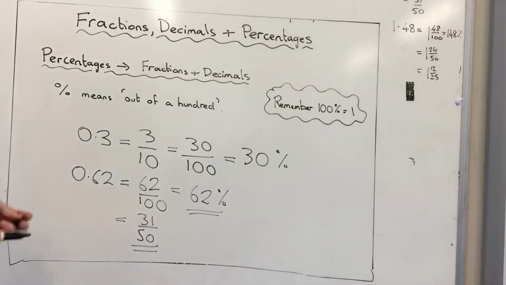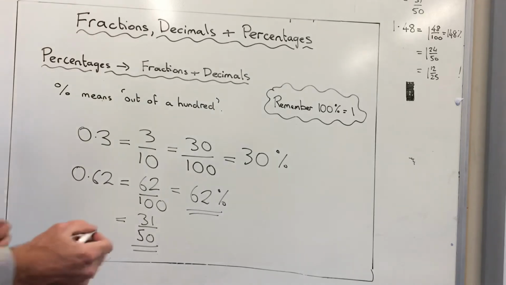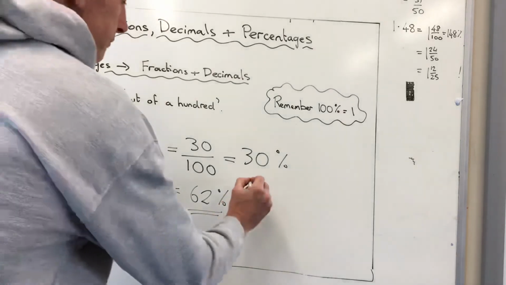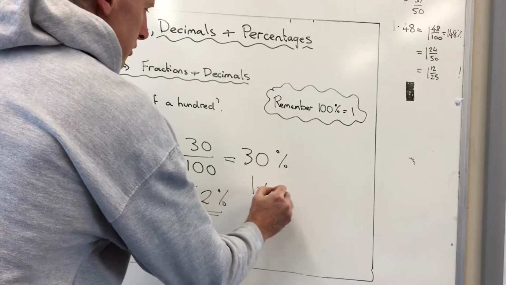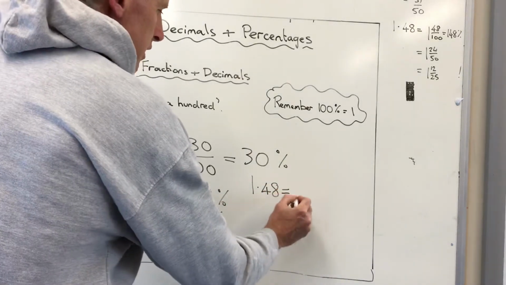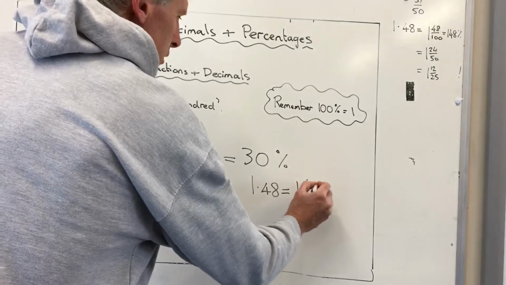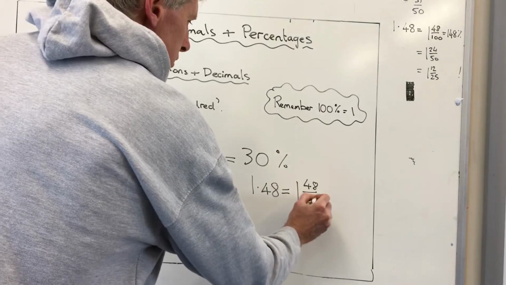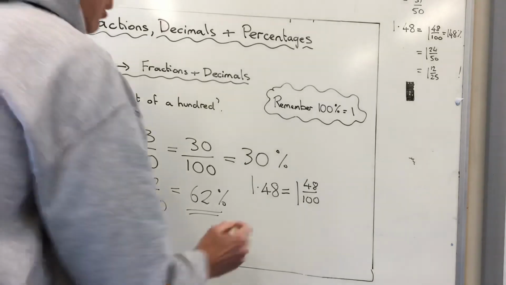Okay, again, what happens if we have over 1? Let's do an example. 1.48, which is 1 and 48 hundredths.